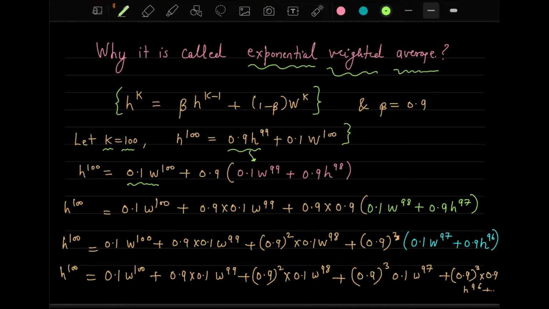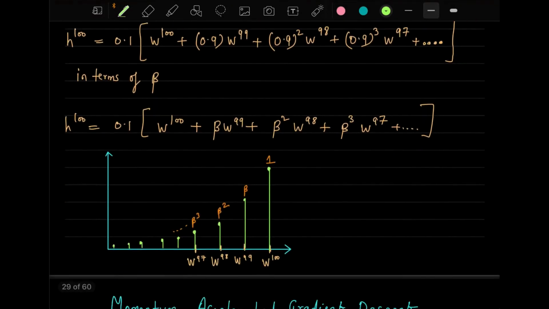And once you again sort out the W's to the left side and again expand this H98 with this, and if you do continuously like this, and even for H97 like this, if you continuously expand this equation, then what you will get at the final point is something like this.